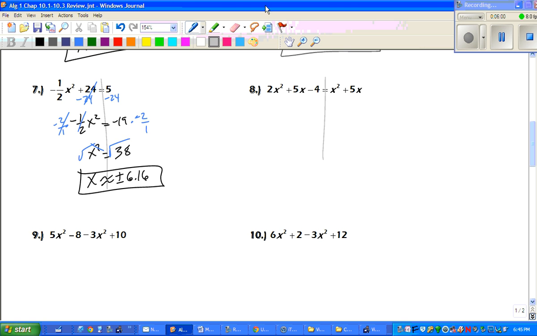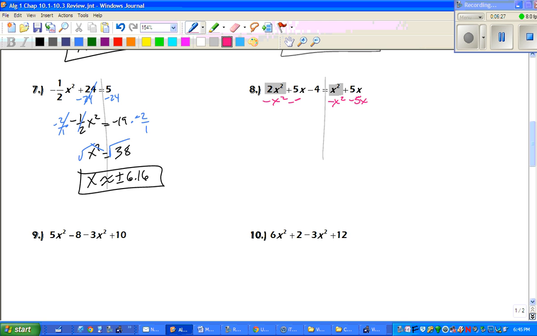Now, I want one of those sides equal to 0. So, what I'm going to look at are my x squareds. If I subtract the 2x squared, it's going to be negative, and we don't want to have a negative x squared. So we're going to move that x squared, and we'll be okay.